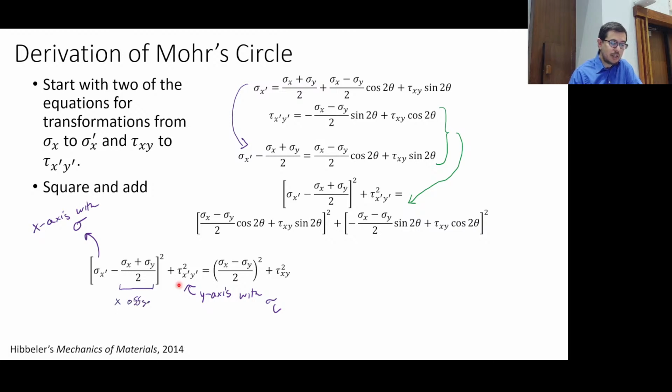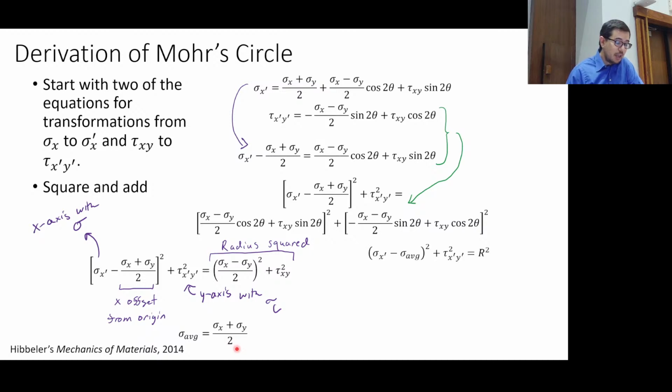Okay, that's the offset coming in. And this expression on the right is a radius. So you're going to have this average expression being important, and we're going to have this expression on the right being important as a radius. And we're going to have a center of a circle at sigma average, 0. So what in the world are we talking about?